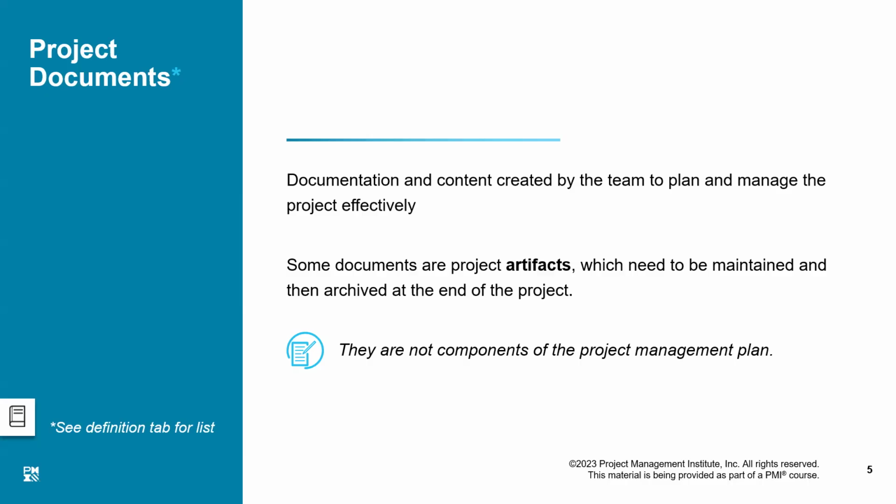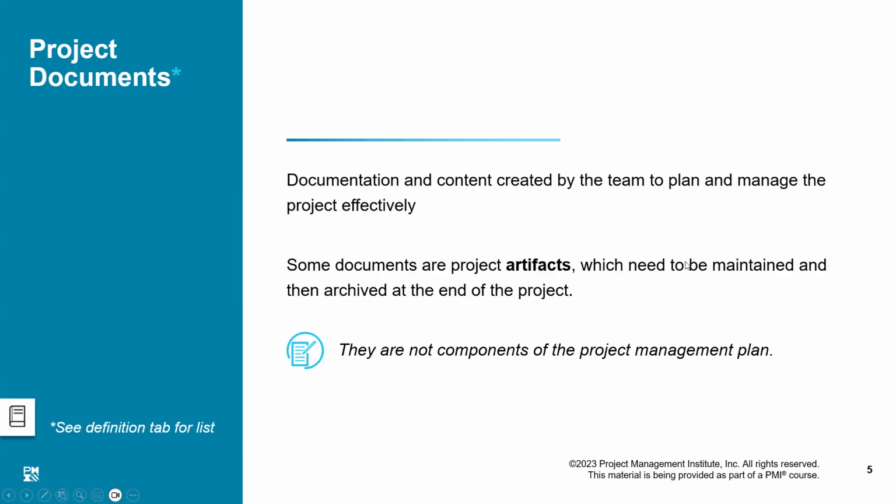right? So documentation and content created by the team to plan and manage the project effectively, that is your project document. Some documents are project artifacts which need to be maintained and then archived at the end of the project. Now, how do we maintain an artifact or a document?